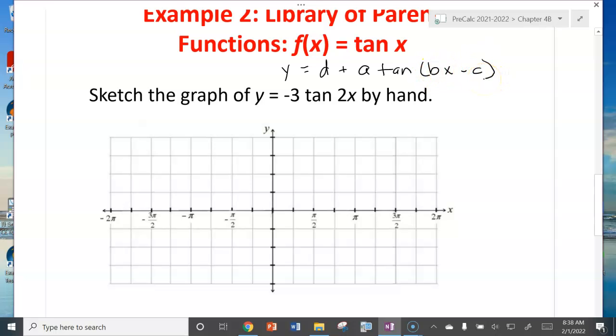We don't have a d, so d equals 0. We don't have a c, so there's no phase shifting. There's no shifting up or down. A equals negative 3, so we're going to have a flip and a stretch. And b equals 2, so our period is pi over 2.